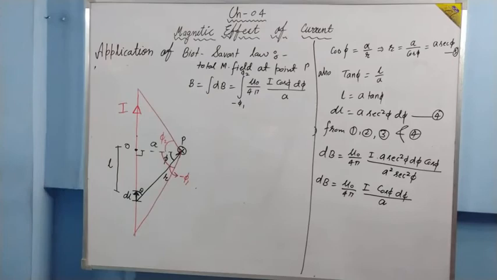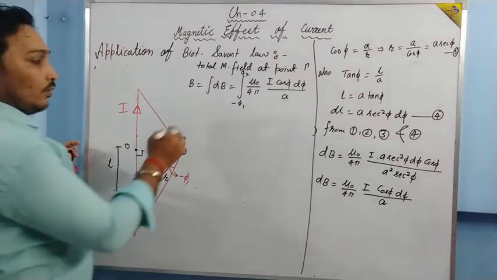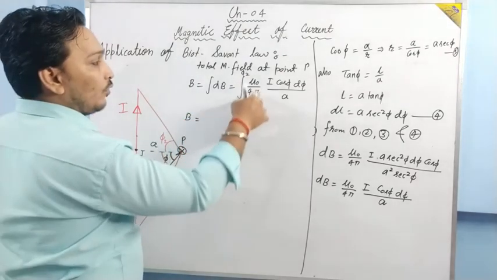Okay. Now B will be equal to mu naught upon 4 pi I upon A.